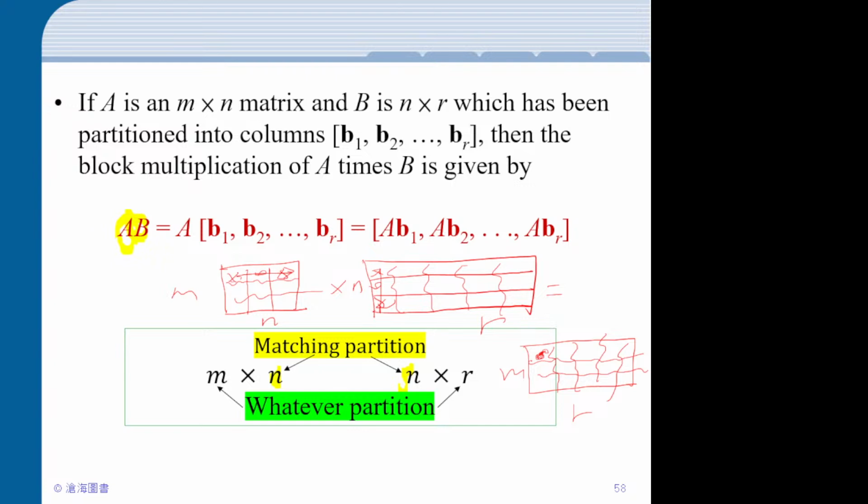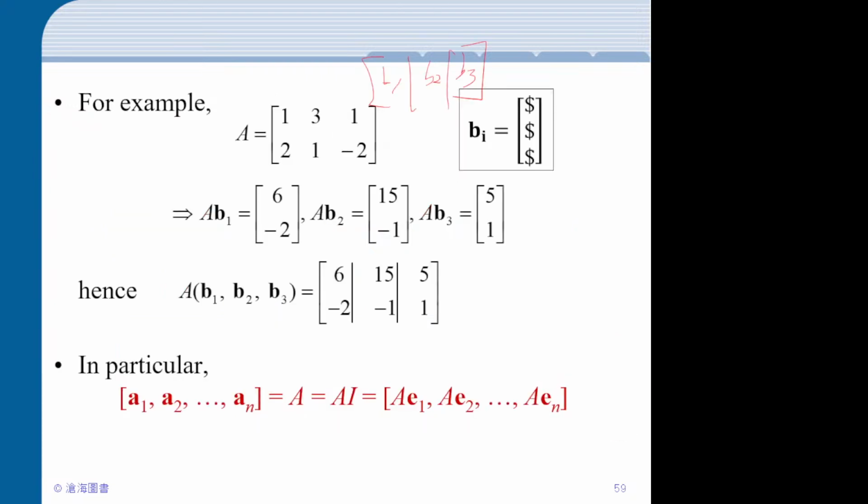Okay, so this A times B is one example. This is where you don't partition A in any way, but you partition r into columns. Then you get this A multiplied by B example here. So you partition r into columns, and then you see this AB has r partitioned into columns.